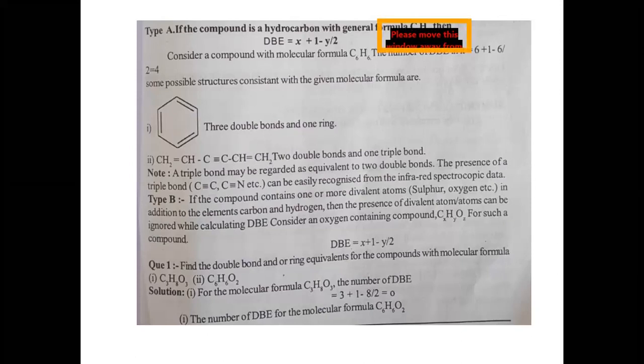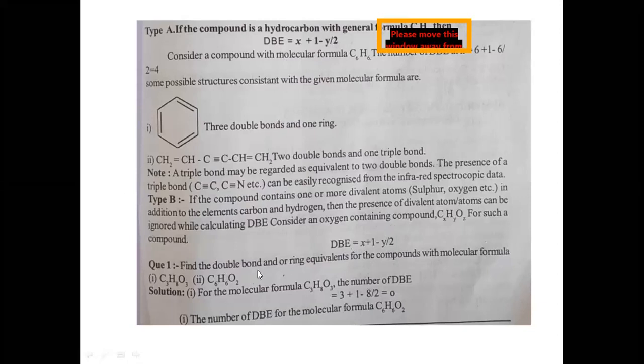Now if the compound contains sulfur, oxygen, such type of divalent atoms, in addition to carbon and hydrogen, the presence of divalent atoms can be ignored. They should not be taken into account while calculating the number of unsaturations. The same formula is applicable as here we have calculated this. Similarly, we will go for this.